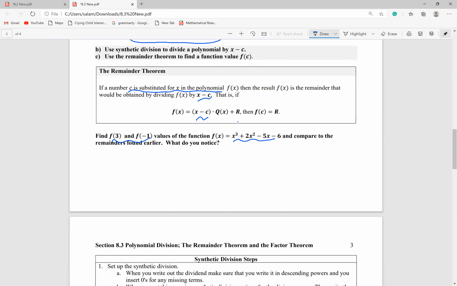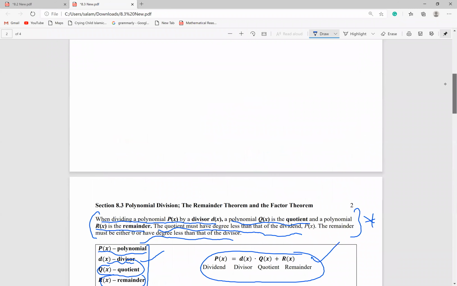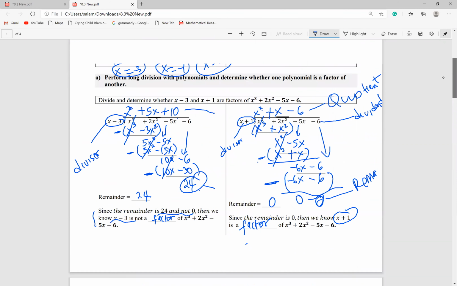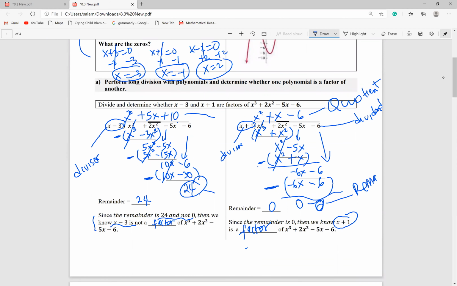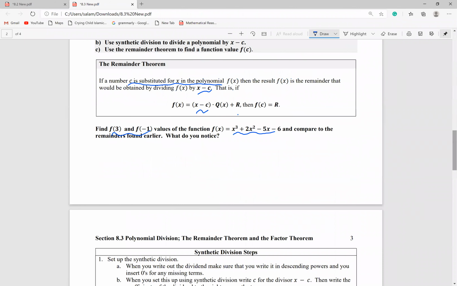You see that we tried to divide x cubed plus 2x squared minus 5x minus 6 by x minus 3 and x plus 1. So I'm going to bring that down: x minus 3 and x plus 1.